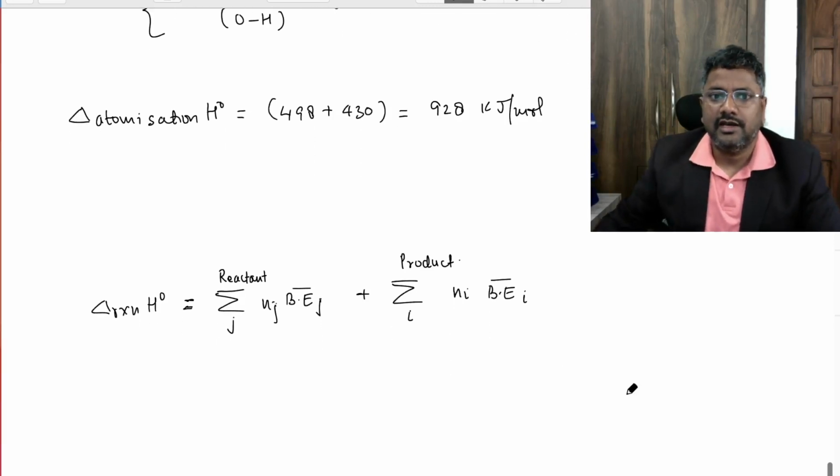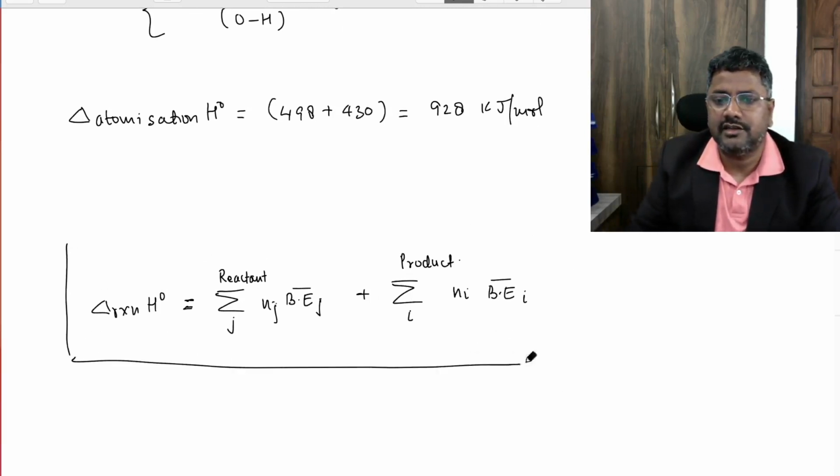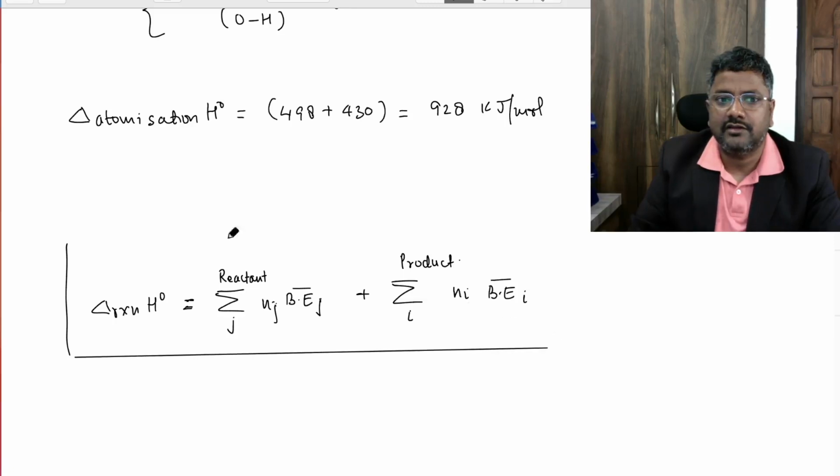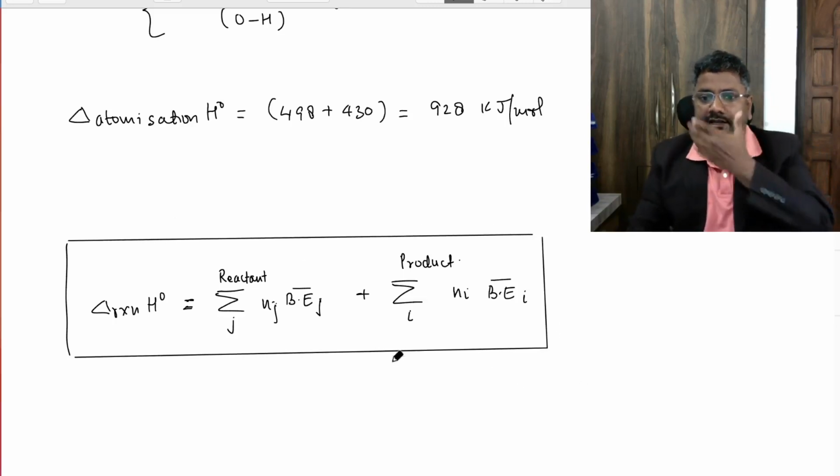So you have to take reactant minus product. So by using this general equation, you can calculate the enthalpy of any reaction, right, in terms of bond energy.